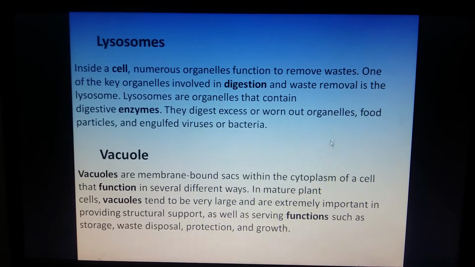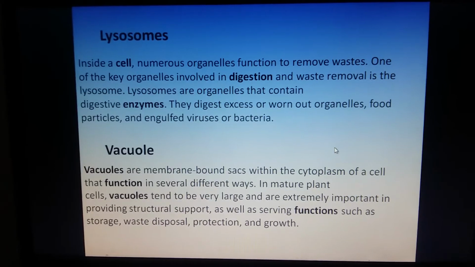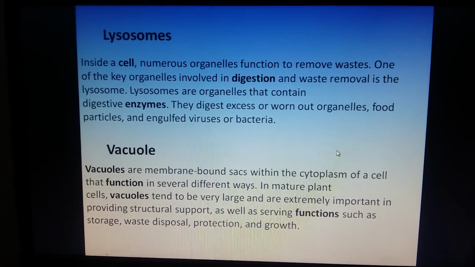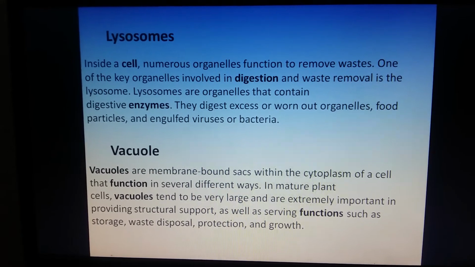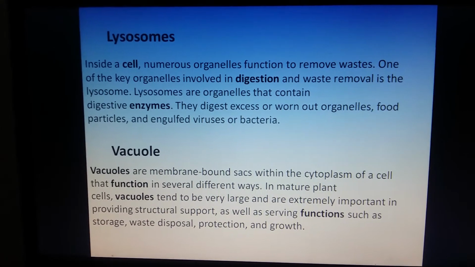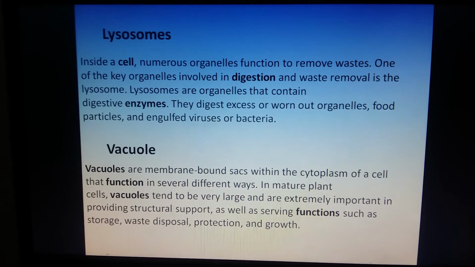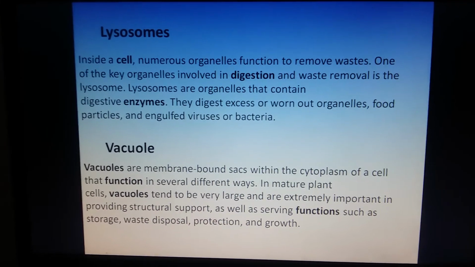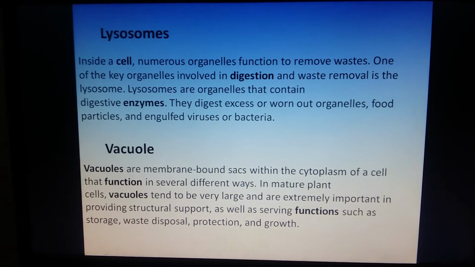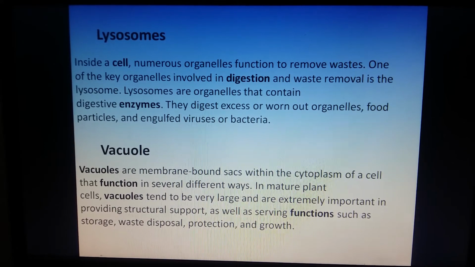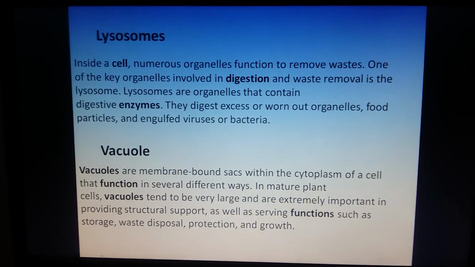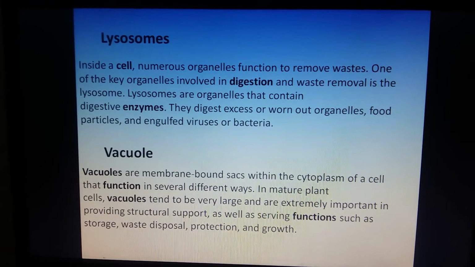There are a few more organelles, lysosomes. In yesterday's lecture, I told you that lysosomes contain enzymes and they are called the suicide bags of the cell. Inside a cell, numerous organelles function to remove waste. One of them involved in digestion and waste removal is lysosomes.